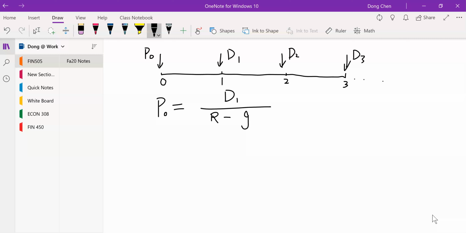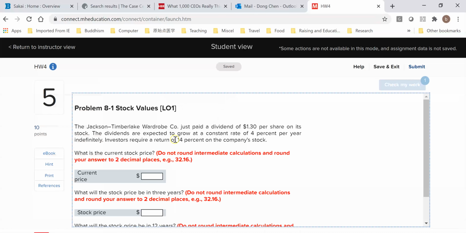Notice here the numerator, the dividend, should be referring to the dividend of the next period relative to the time point that we are calculating the price. So the first question we can get easily. But one thing we need to pay attention to is going back to the setup. It says just paid a dividend of $1.30.